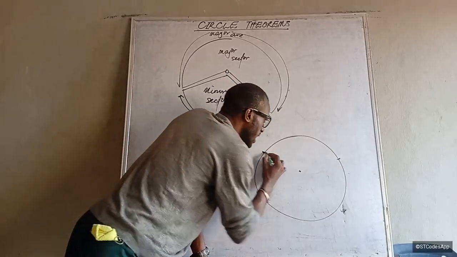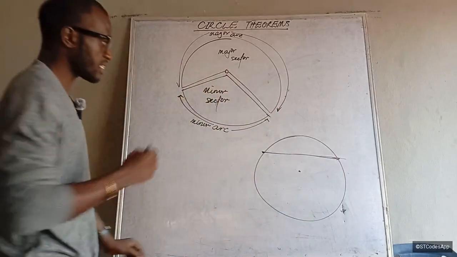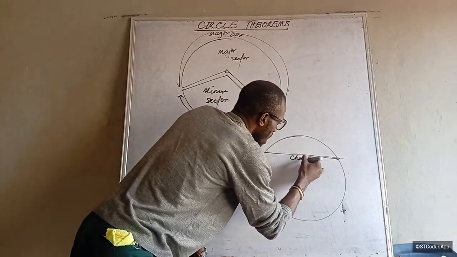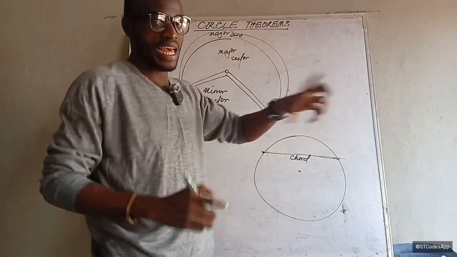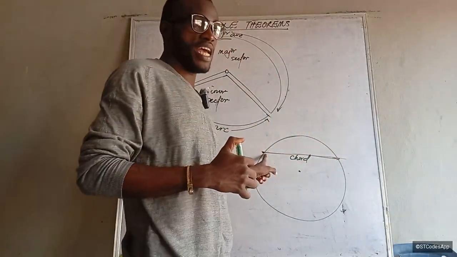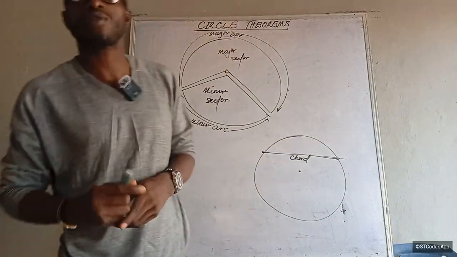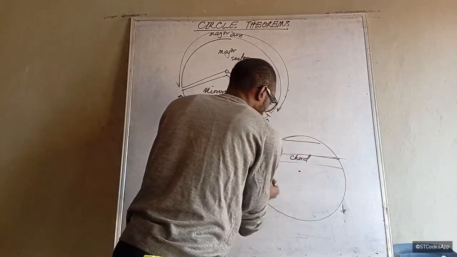What if I join them with a straight line that does not pass through the center? Now, this straight line is called a chord. Any straight line that goes from one end of the circumference to the other is called a chord. This is a chord, this is another chord, this is another chord.